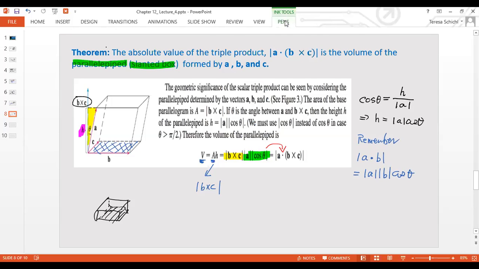Take a look here: AB cosine theta. Let's go backward so the notations match.